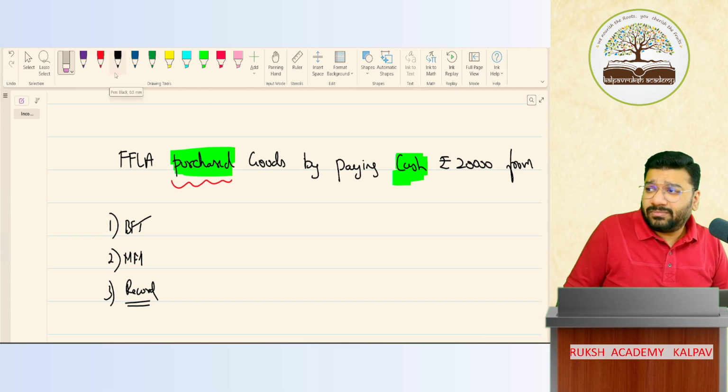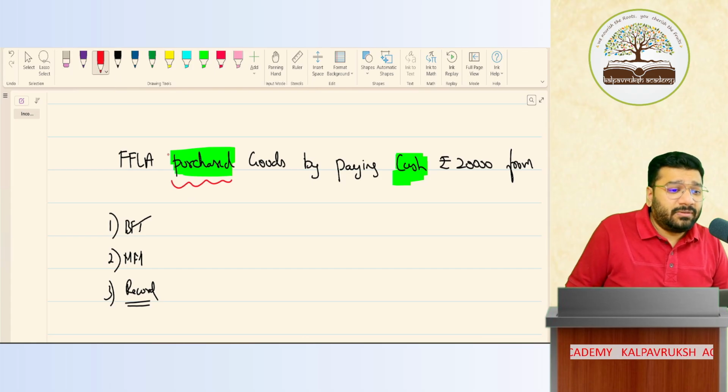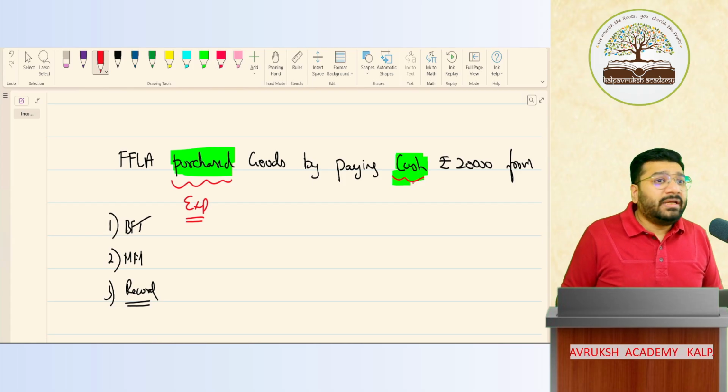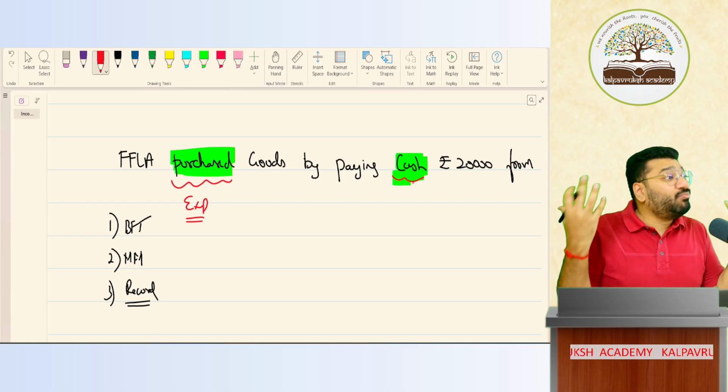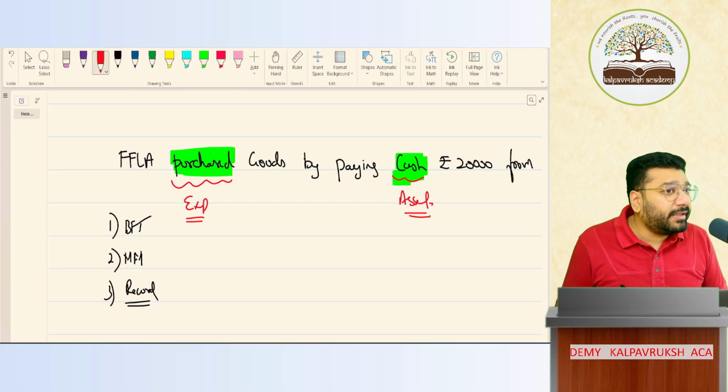Expenses. It is expenditure. Very good. From cash, what flavor do you get? What is cash? It is your asset. More cash, more power. It gives you a powerful feeling. Asset. Okay, not okay. Okay.